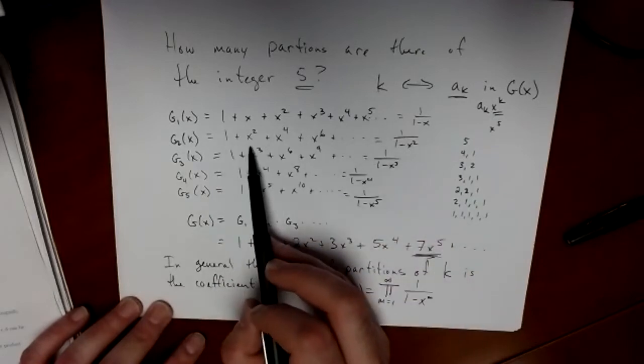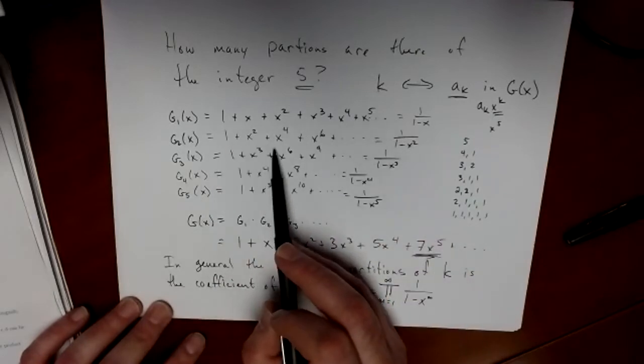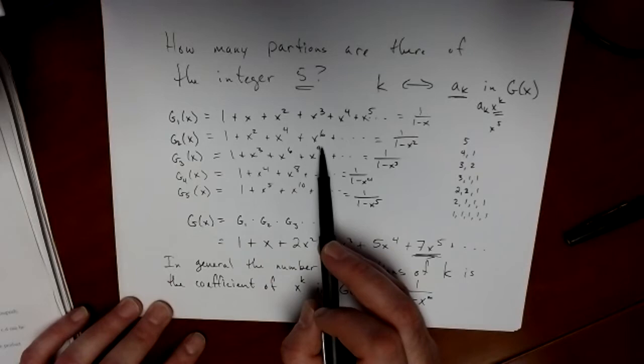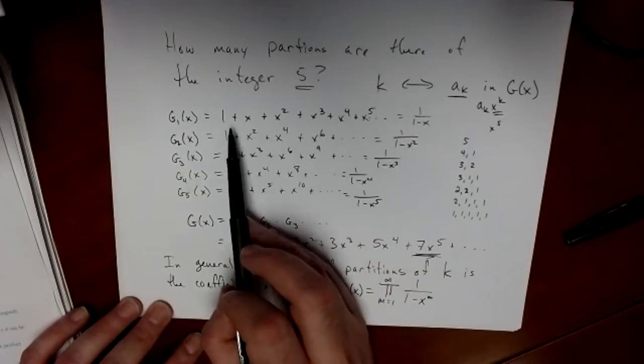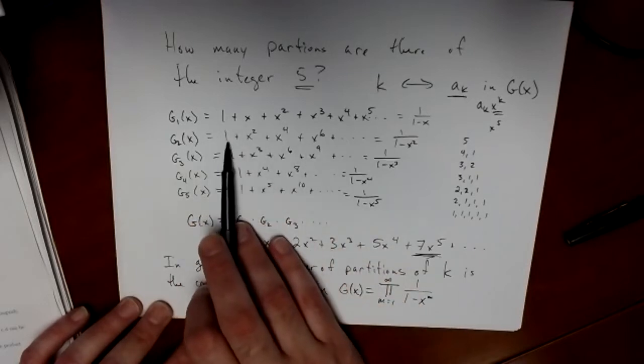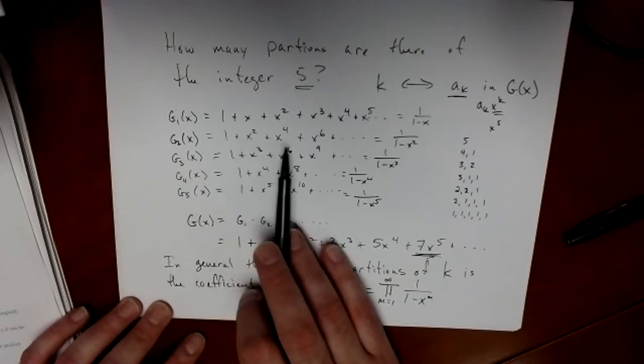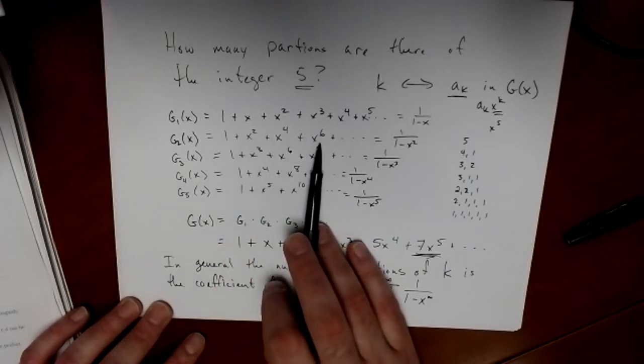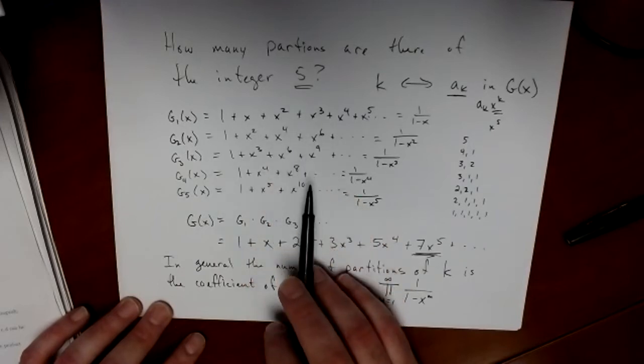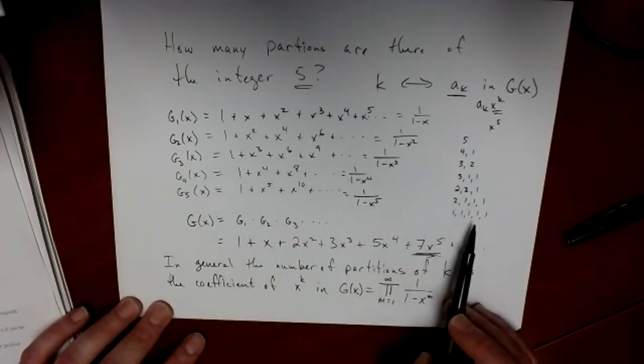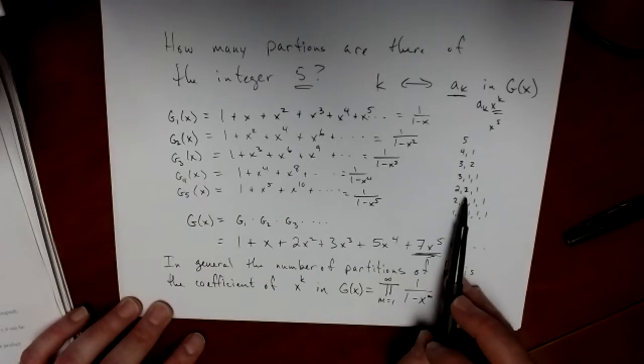And this represents the number of twos in your partition, in that we can have 0 twos, 1 two, 2 twos, 3 twos, except you can't really, not if you're going to stop at 5. And so you see here's the partition with 2 twos.